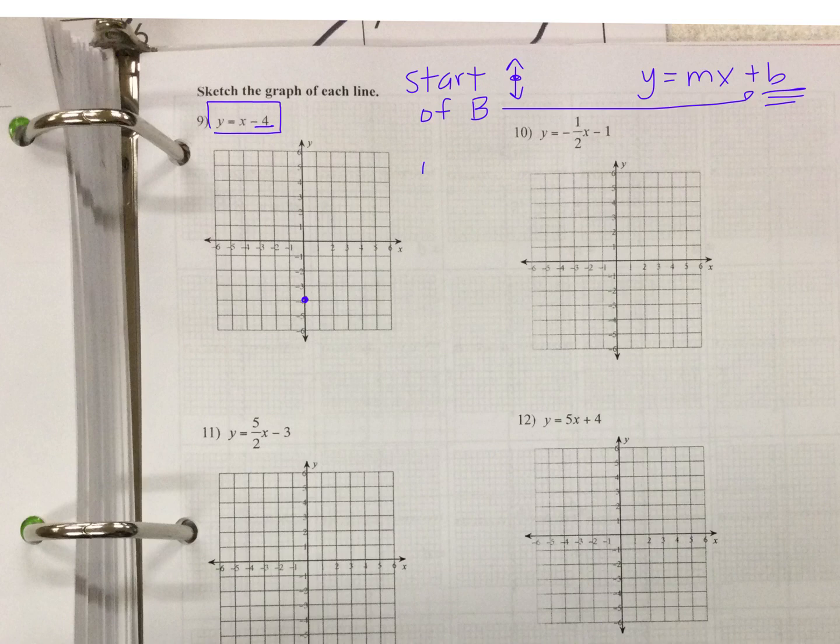And then we just rise over run, whatever's in the m spot. This one doesn't have anything, so I'm going to put a 1 over 1. So I started at negative 4. It's positive 1, 1. Put a dot. Draw your line. I need you to draw the graphs for 10, 11, 12, 13, and 14. Turn everything in when you're done.